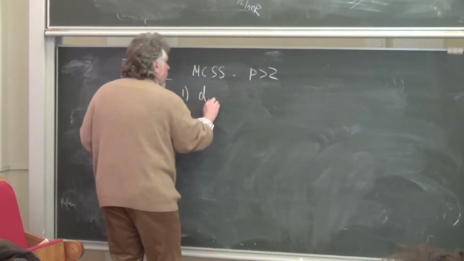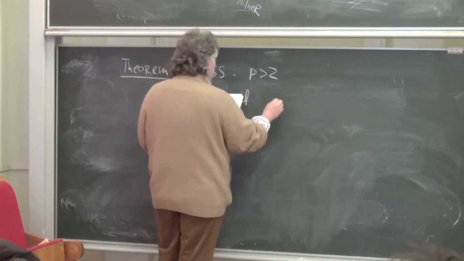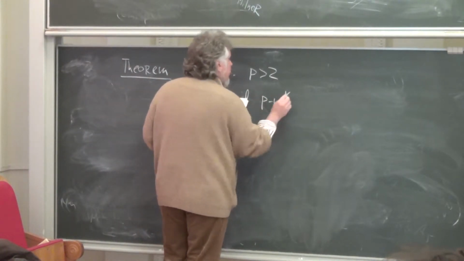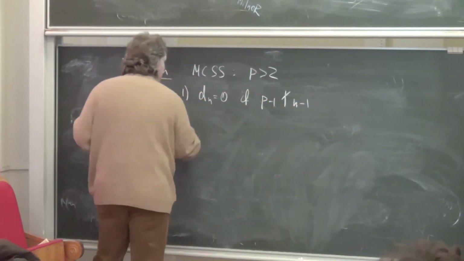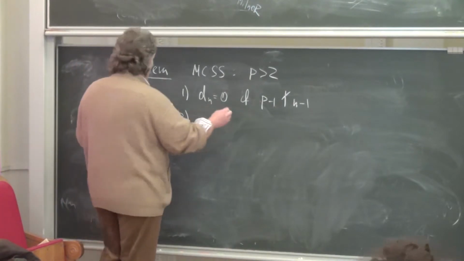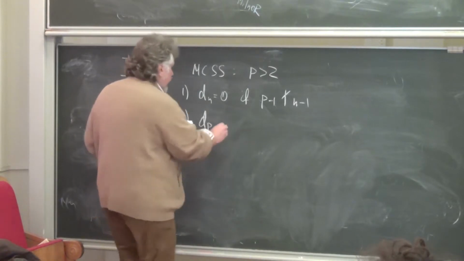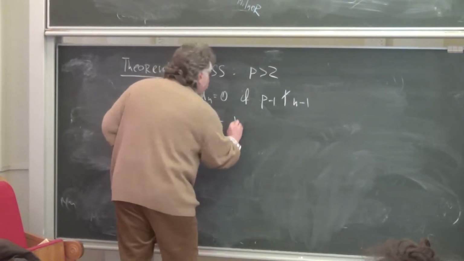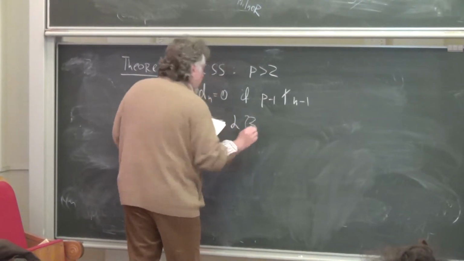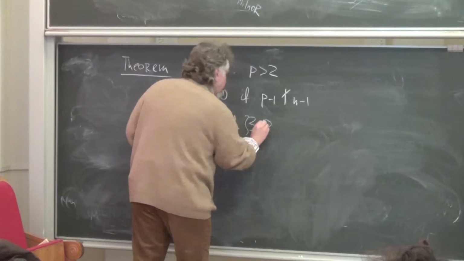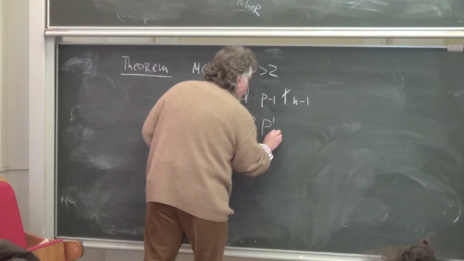First of all, d_n equals 0, provided that p minus 1 doesn't divide n minus 1. The second statement: the first non-trivial differential is d_p, and it equals some alpha times B times P1 times r.